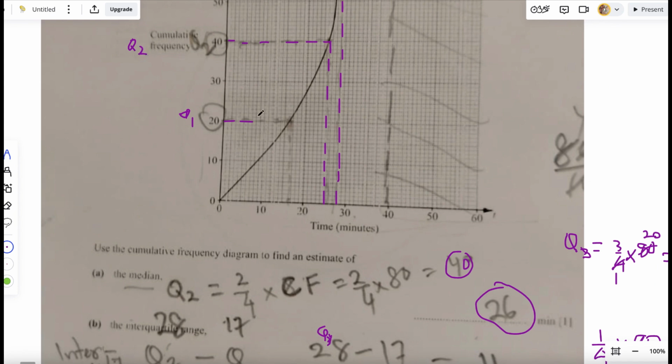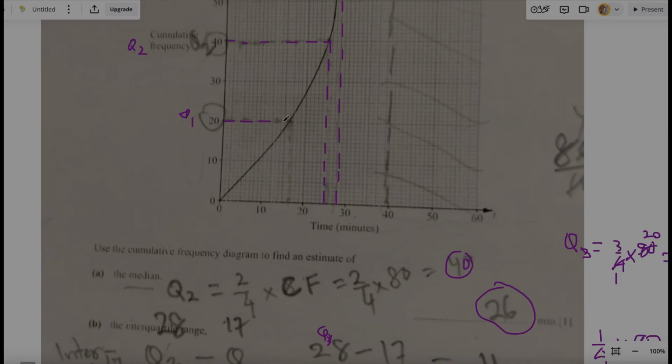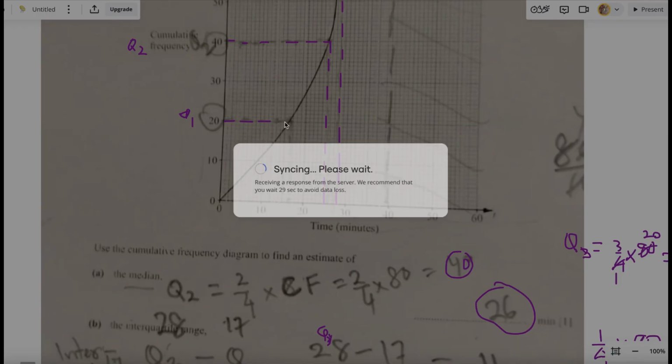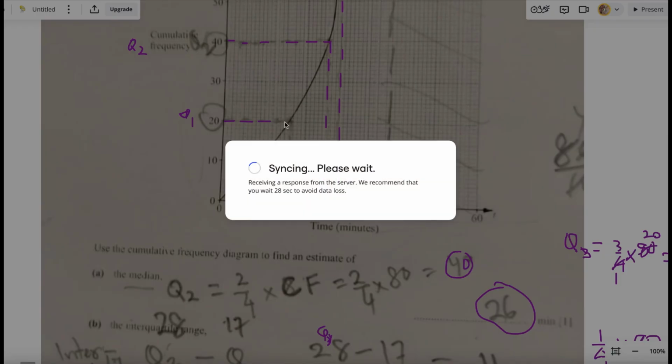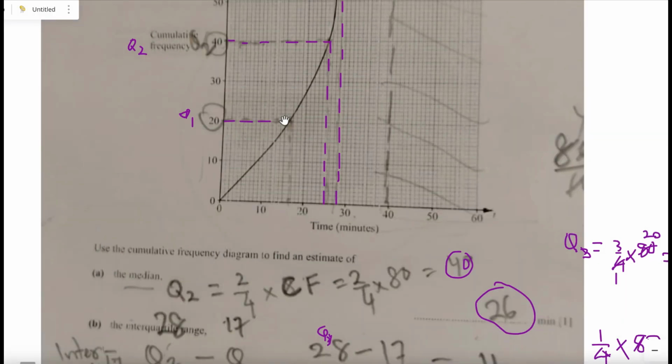Now let's first trace this to the cumulative frequency curve, and then you trace it down.